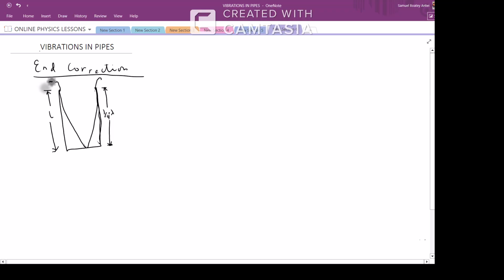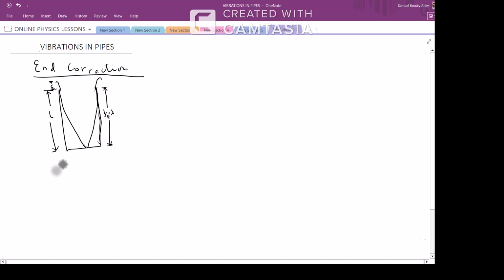So we have to account for that, because we want everything to be accurate. It is denoted as C, which is end correction. So if we are looking for the fundamental frequency, the equation is going to change a bit, not too much.